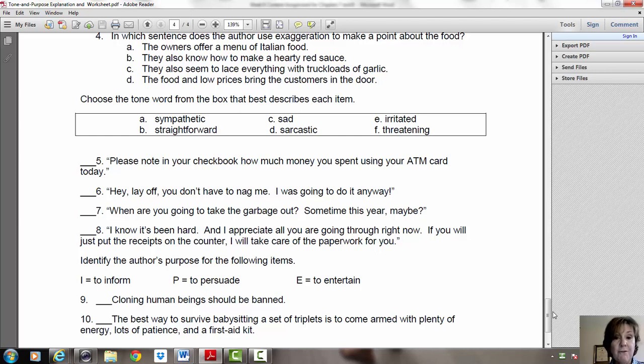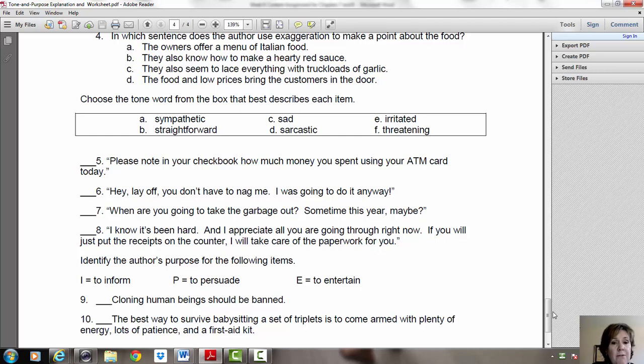Sympathetic, straightforward, sad, sarcastic, irritated, or threatening. "Please note in your checkbook how much money you spent using the ATM card today." Which one would that be? Would it be sympathetic? Is it straightforward? I'd say it was pretty straightforward.